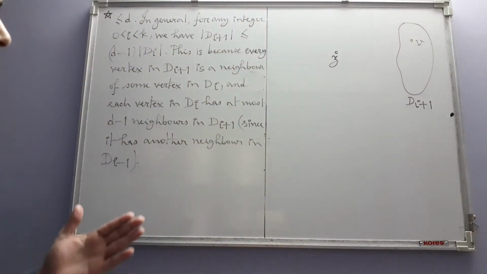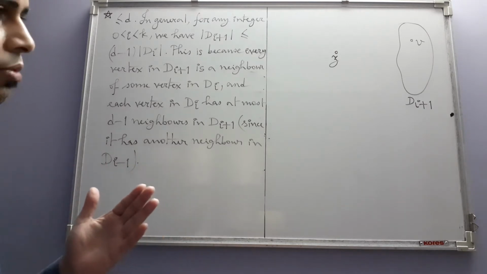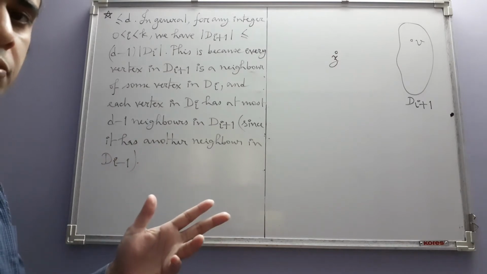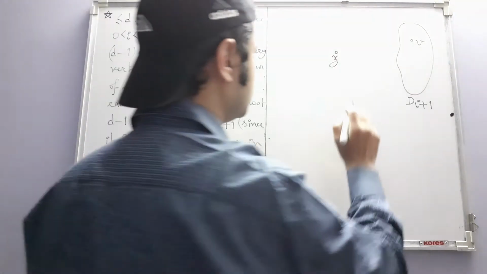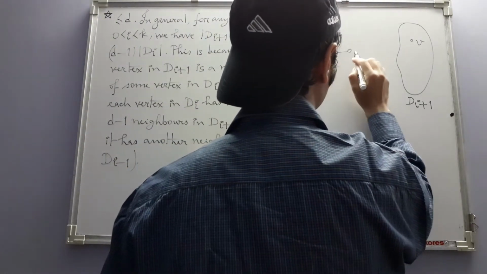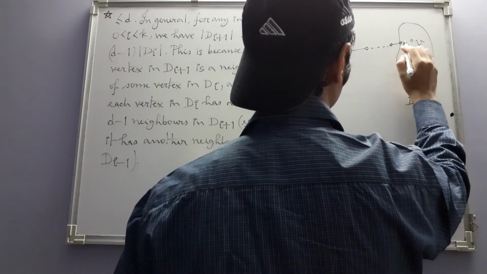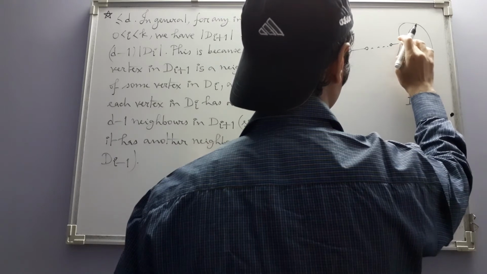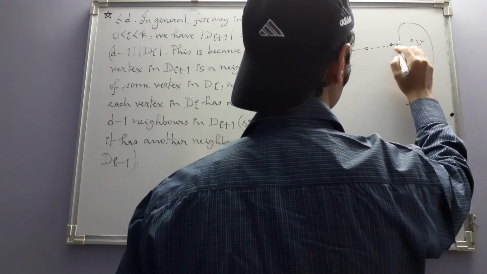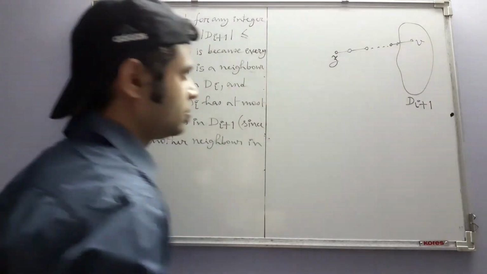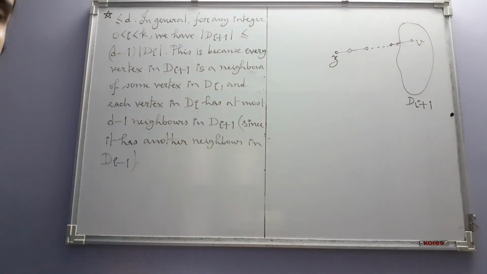The fact that v is in D_{i+1} means that v is at a distance i plus 1 from Z. So there is a path joining Z and v that is of length i plus 1.